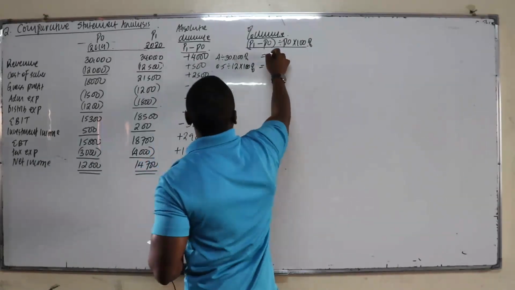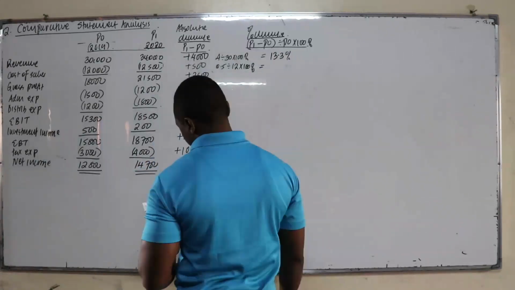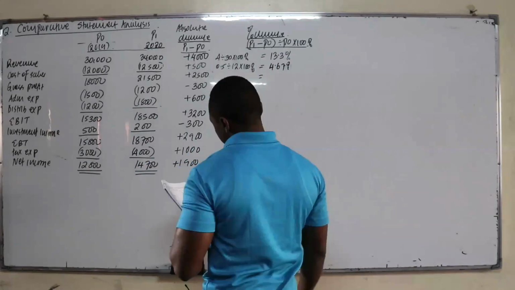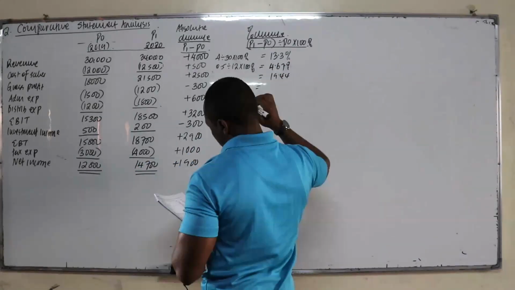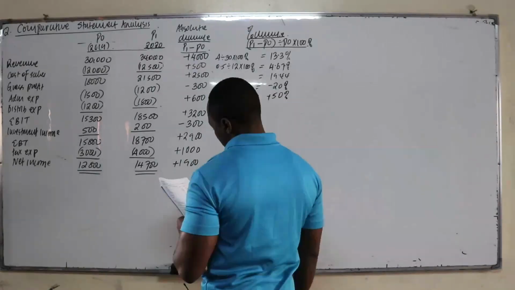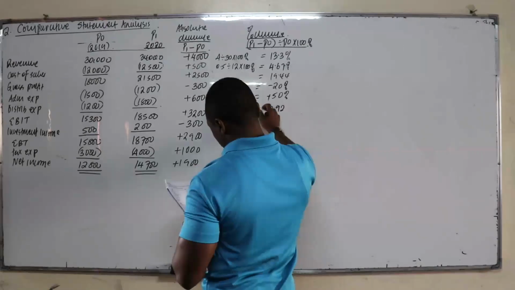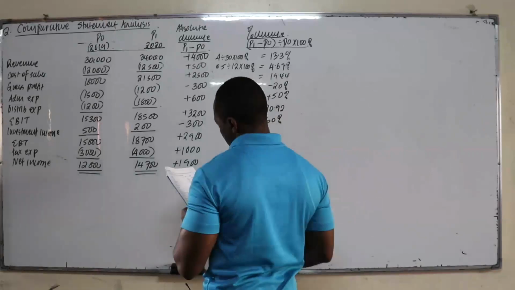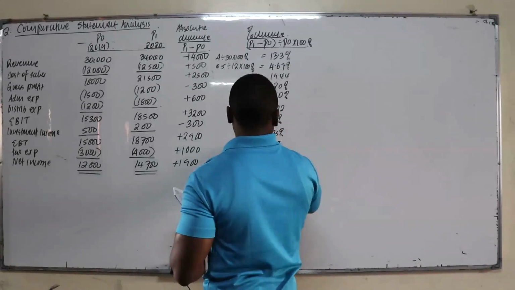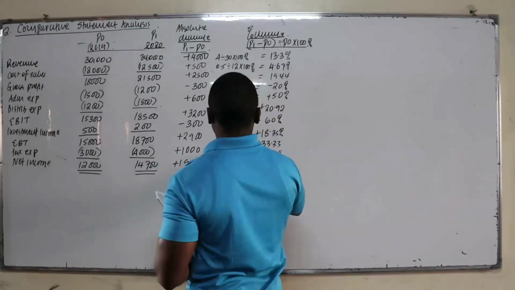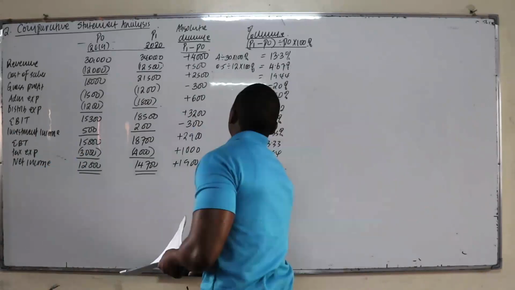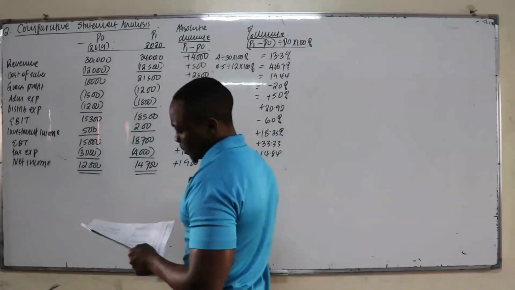We have 13 point something, 167, 19.44, negative 20%, a 50% increase, 20.92, which was positive, a 60% reduction, an 18.35% increase, 33.33, and then 14.84. As simple as that. The cost of sale is how much? 4.16. Good.